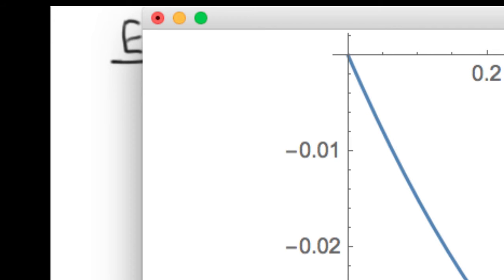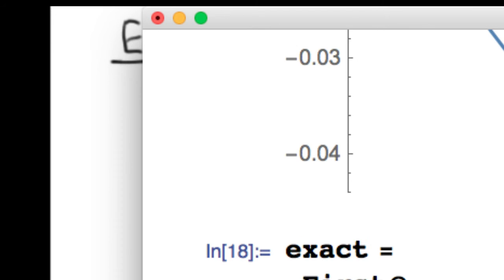So that's the exact solution, and we can plot that. So that's the exact solution to that differential equation, and that's the plot of it.